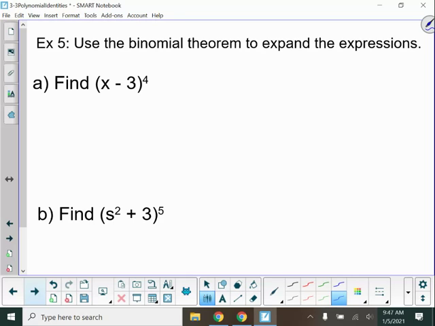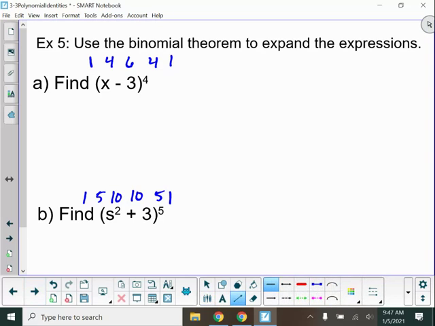Row 4 for this one is 1, 4, 6, 4, 1. And then row 5 is 1, 5, 10, 10, 5, 1. So that you know which rows you're actually going to be using whenever you go through and do these.